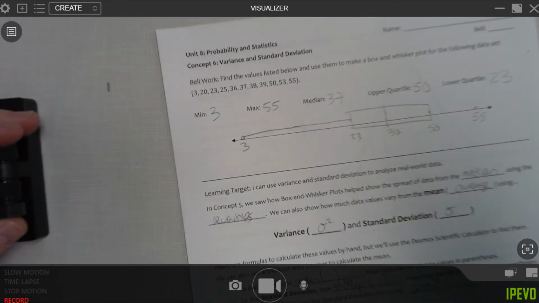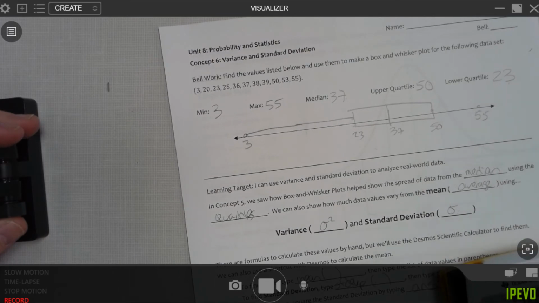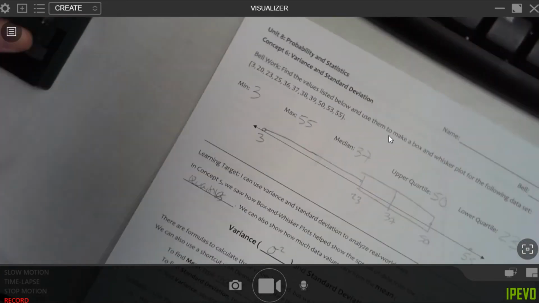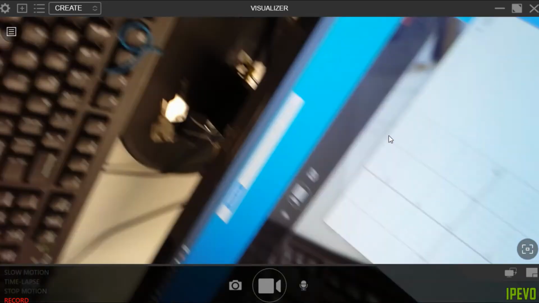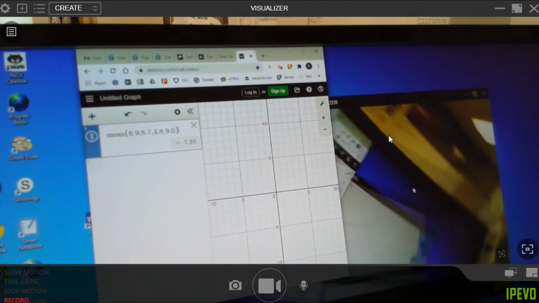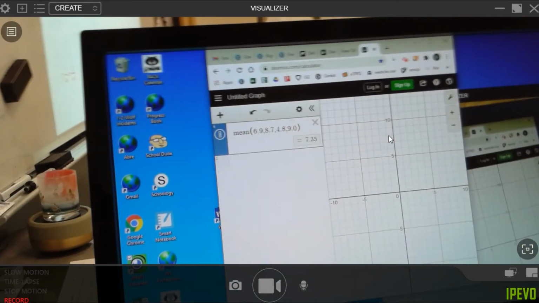So now if you can see, let me minimize this for a second because I want to be able to see my camera. There we go. Oh, I think it's upside down now. Let me turn it around for you guys. All right, okay, good. Now you can see it.